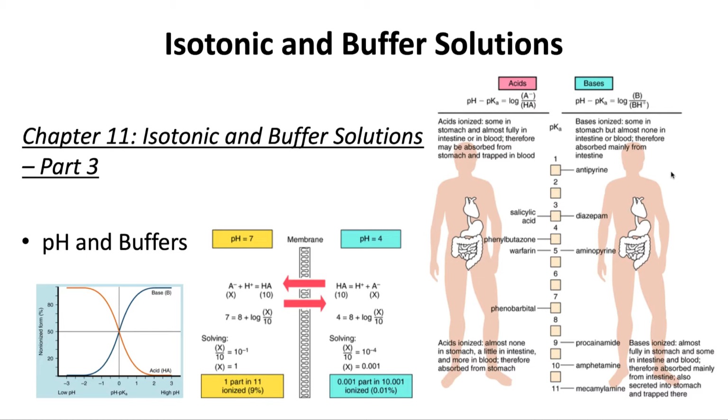If a drug is an acidic drug, then at pHs less than its pKa, a majority of the acid will stay undissociated, so it will be absorbable since it's not ionized. So low pHs below the pKa for acids allow it to be unionized and be absorbed.